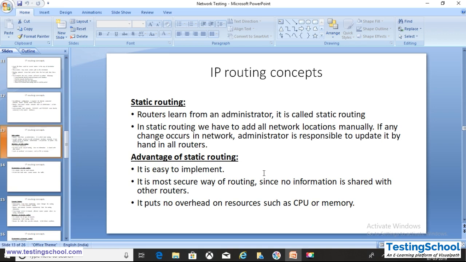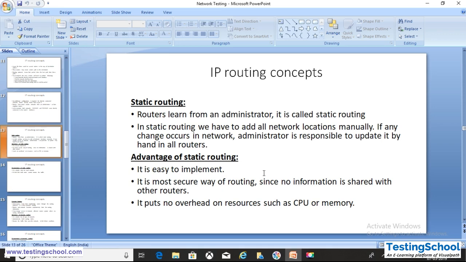So all those routers will learn routing information from the administrator. In another way, we can say there will be one person who will feed some information into the router, and that information will be used for the routing decision.